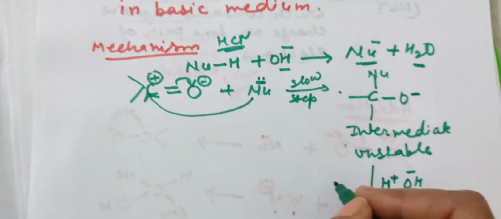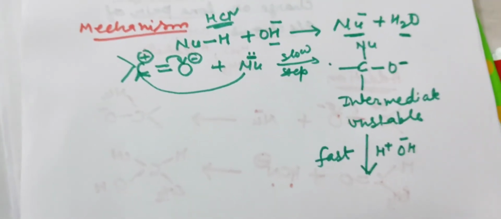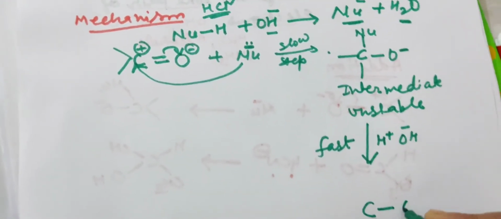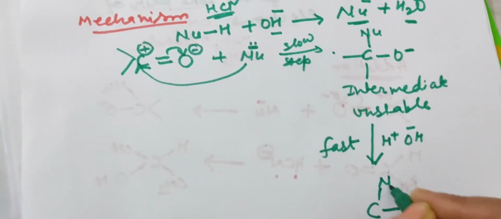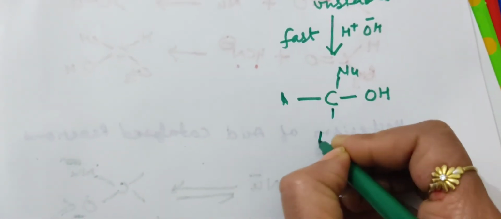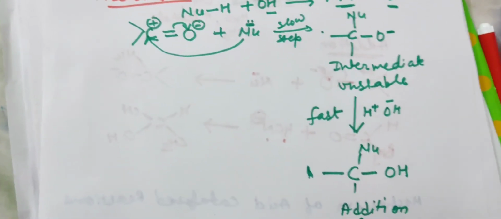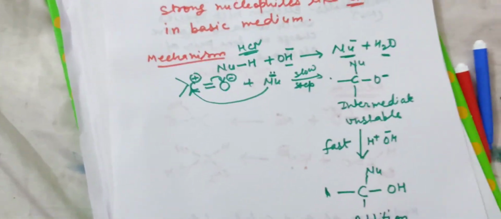It reacts fast with the unstable intermediate and adds on the oxygen atom, and we find the nucleophilic addition product. This is the addition product.